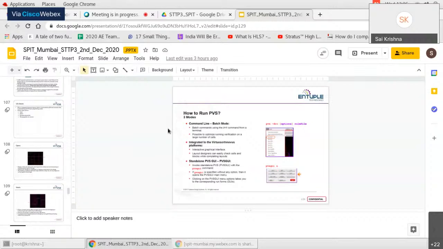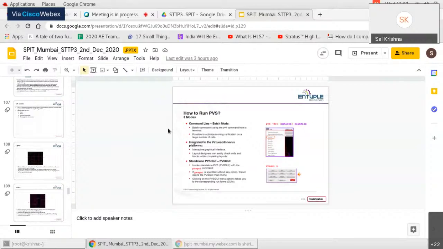Then you take the specification of your subblock and start using Verilog or VHDL to write RTL code, a register transfer level code, that contains all the logic, the functionality of your design as per the specification.